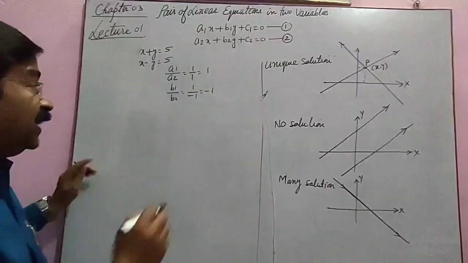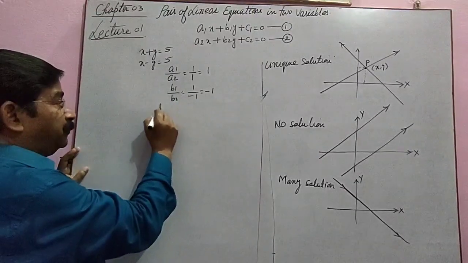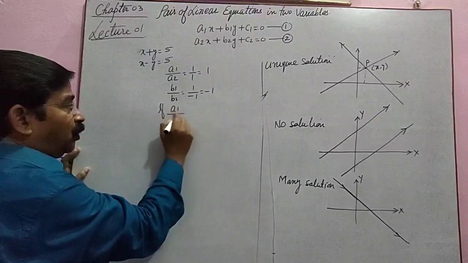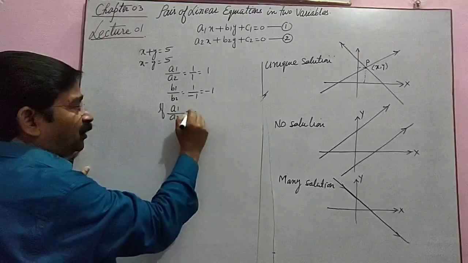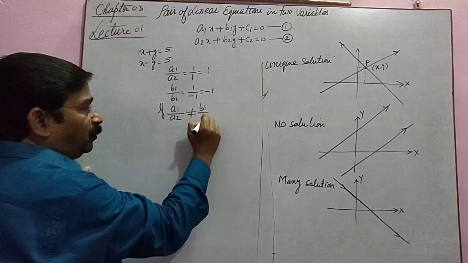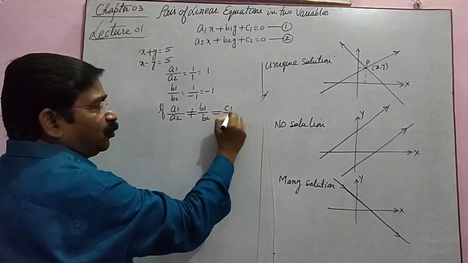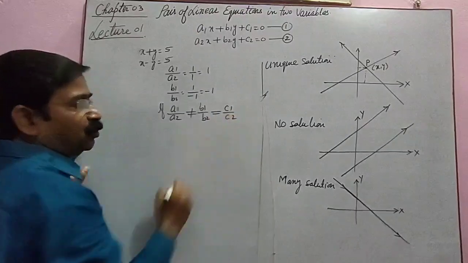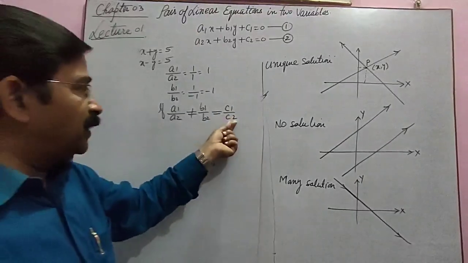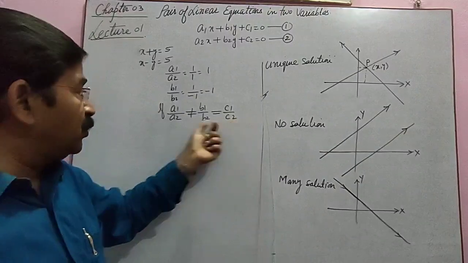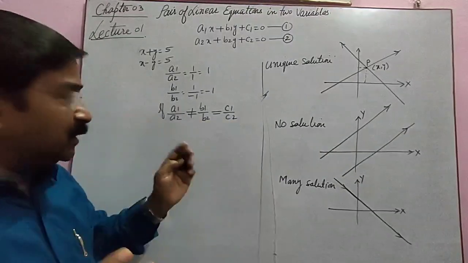It means the case arises that if a1 upon a2 is not equal to b1 upon b2, but c1 upon c2 may or may not be equal, it doesn't matter.